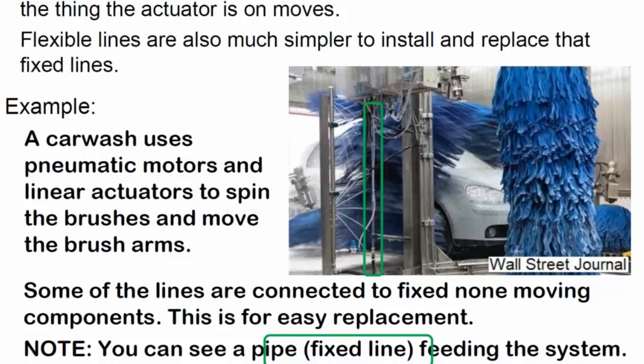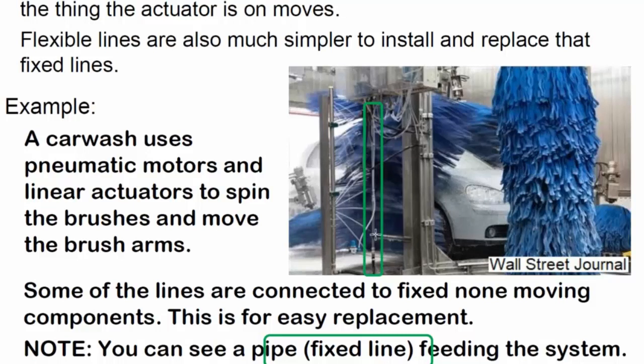Because if the actuator fails and they want to install a new one, it's a lot easier if they can just unscrew the flexible line. So almost all of your actuators, rotary motors and actuators, are going to have flexible lines going to them. It's a little bit rare to have an actuator with a solid line going to it.